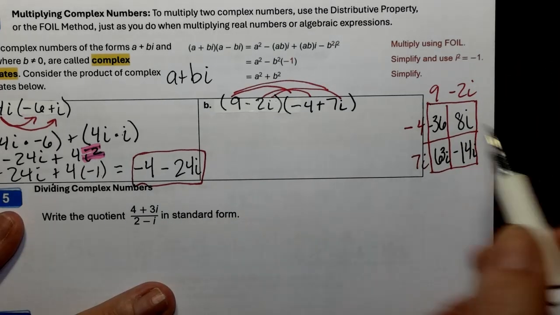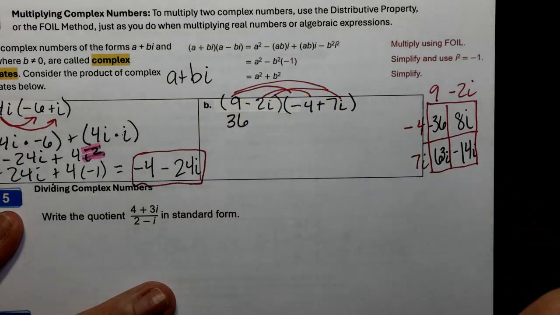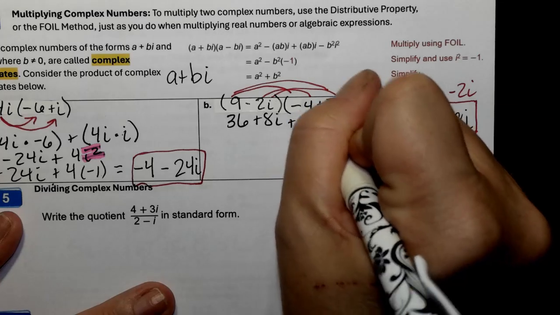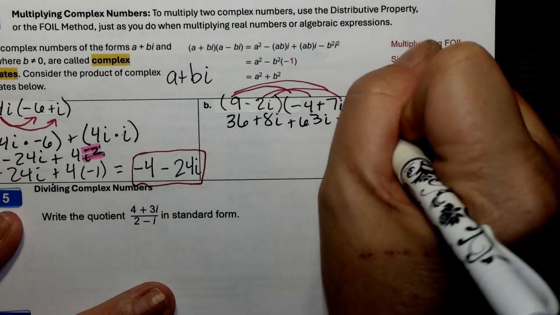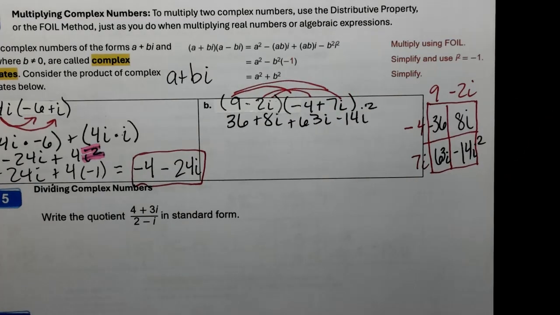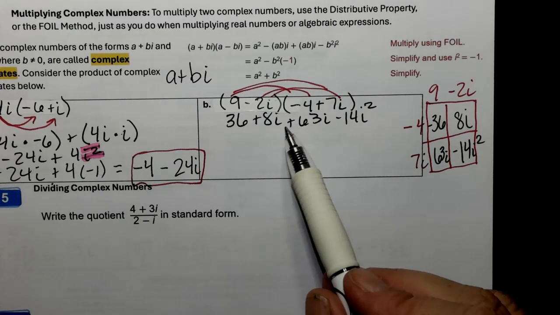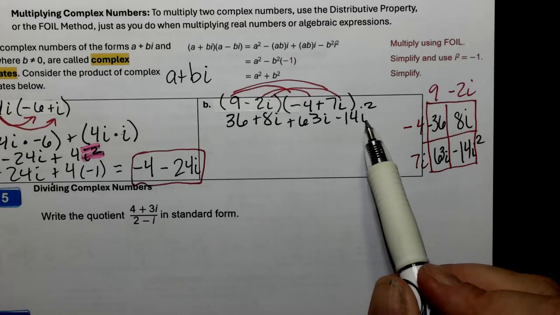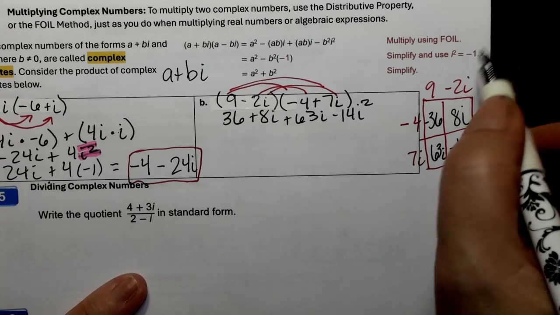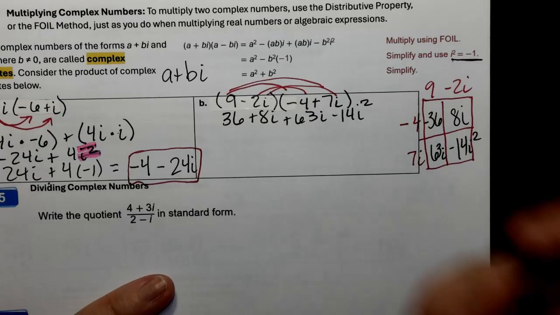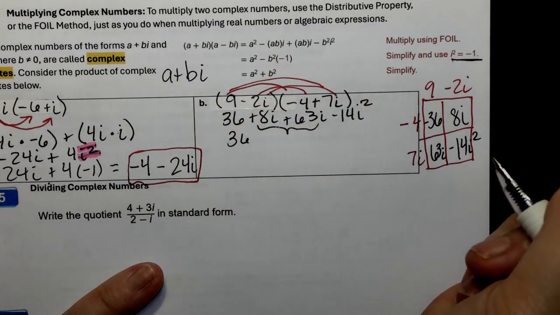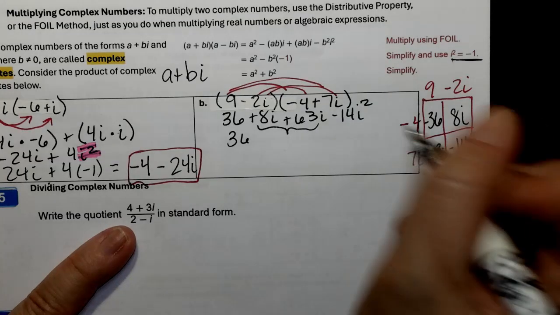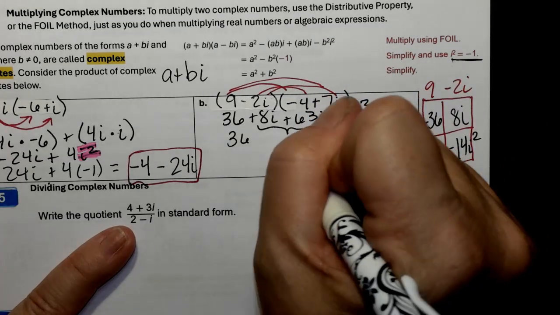So I'm going to rewrite this here. We have 36, positive 8i, positive 63i, and -14i should be squared. Miss Gill totally forgot the square on that one. Now we're going to combine our like terms, and we're also going to turn i squared into -1. Combining those two, 8 plus 63 gives us what? 71.